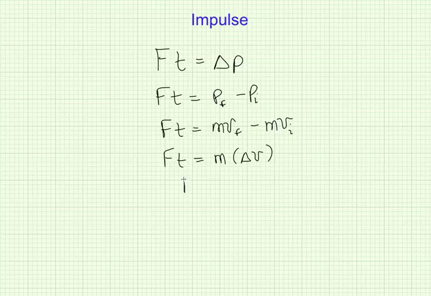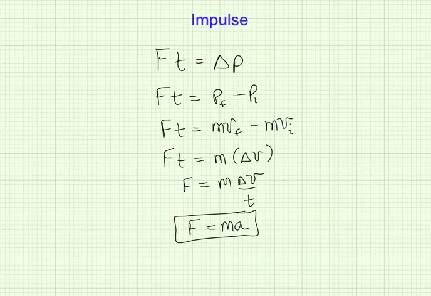And if I divide both sides by time, that gives me change in velocity divided by time, which we know equals acceleration. So in his documents, he doesn't write F equals ma. He actually looked in terms of the change in momentum of the object. And that change in momentum is called the impulse.